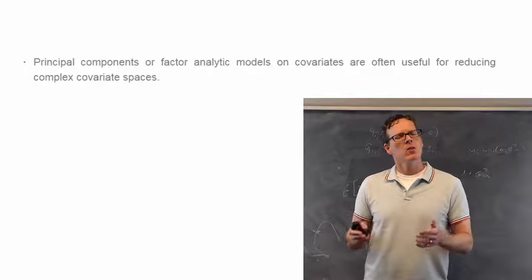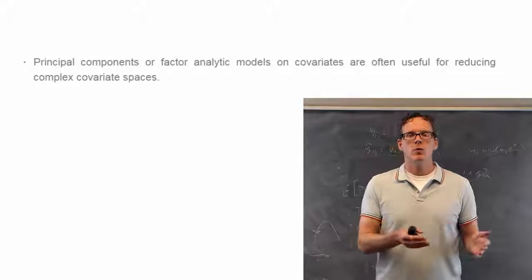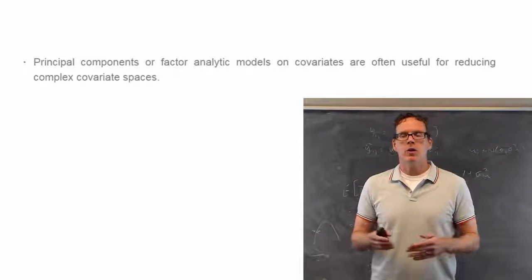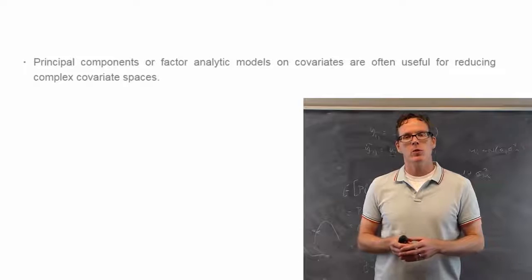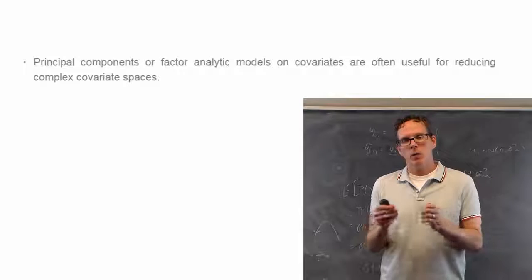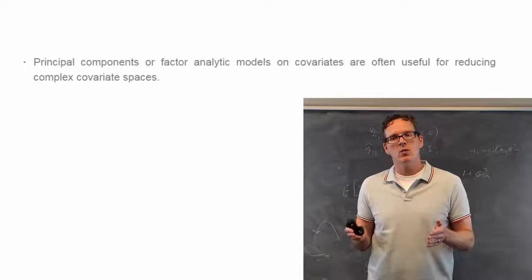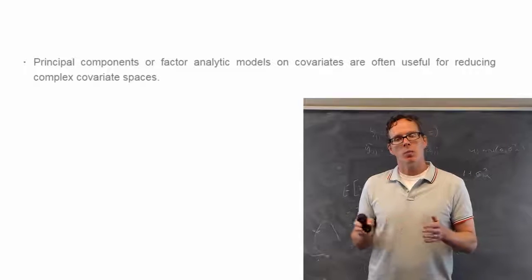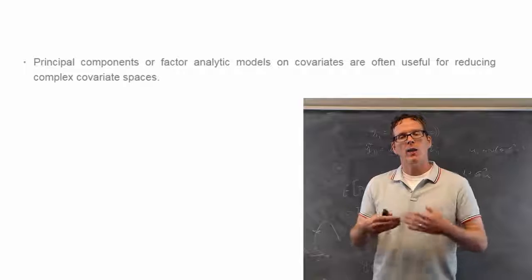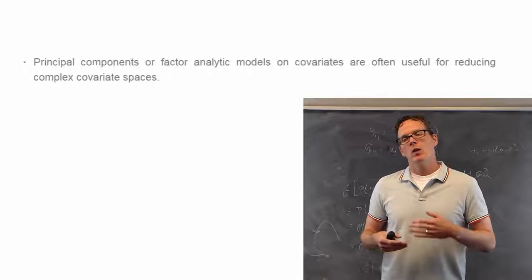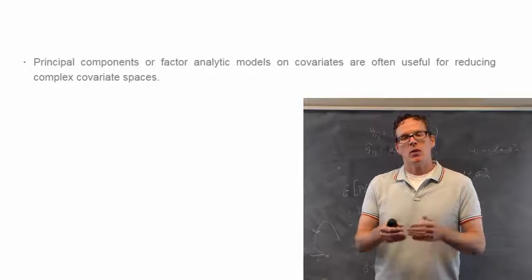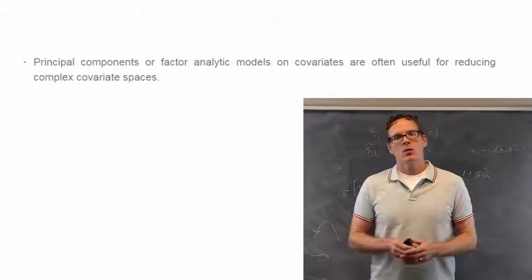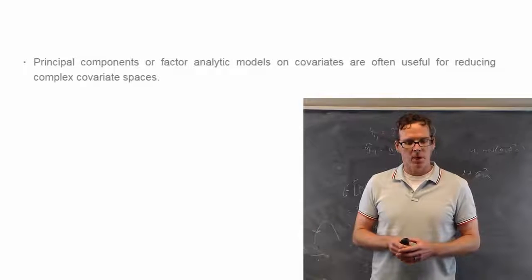Again, this is probably better served in a multivariable class, a multivariate class, or a class on machine learning. But for us, we're going to mostly consider the case where we have a relatively small number of regressors, and we're going to pick through them with a highly interactive process between the analyst, the data, and the scientific context.